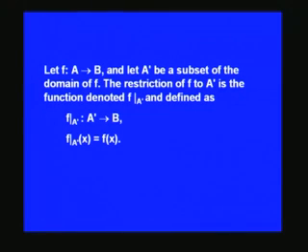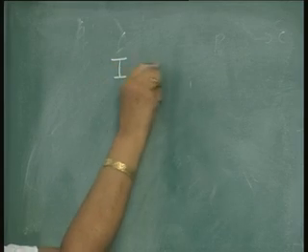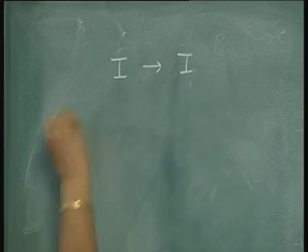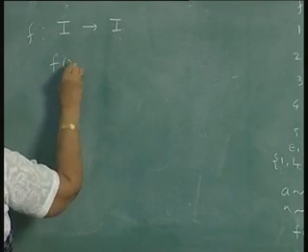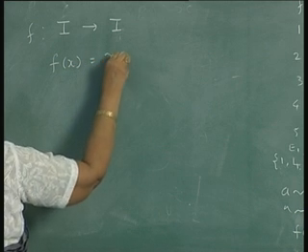Now, we talk about extension of functions and restriction of functions. Sometimes we note that you may have a function defined like this. Say you take the set of integers to set of integers and define f of x is equal to x plus 1.